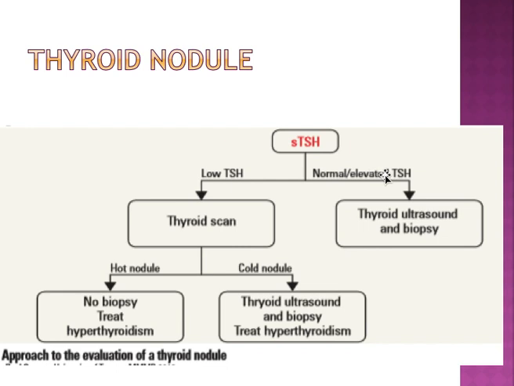But whenever we find a nodule which is not functioning, not functioning means not producing any thyroid hormones, we call it a cold nodule or hypofunctioning nodule. There are higher chances that it could be malignant. I'm not saying that it is always malignant, I am saying there are higher chances that it could be malignant, and that's the reason we go for biopsies.